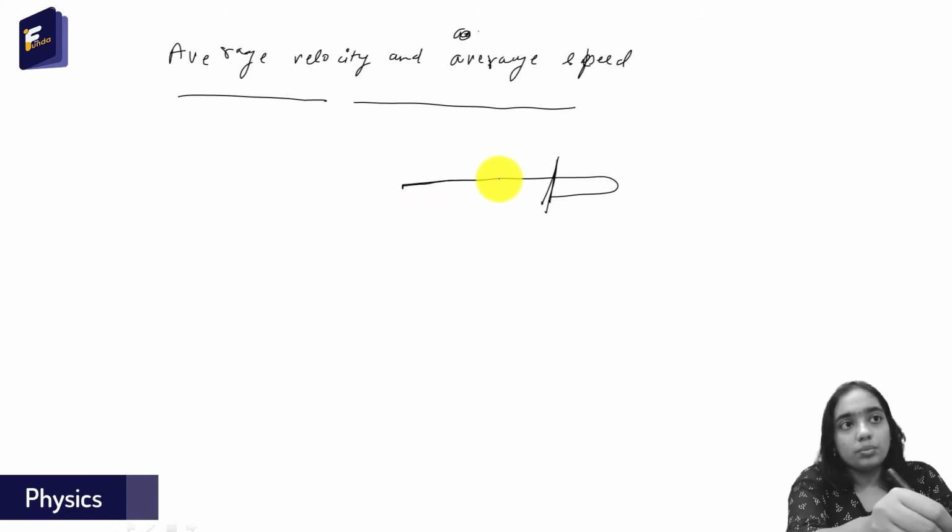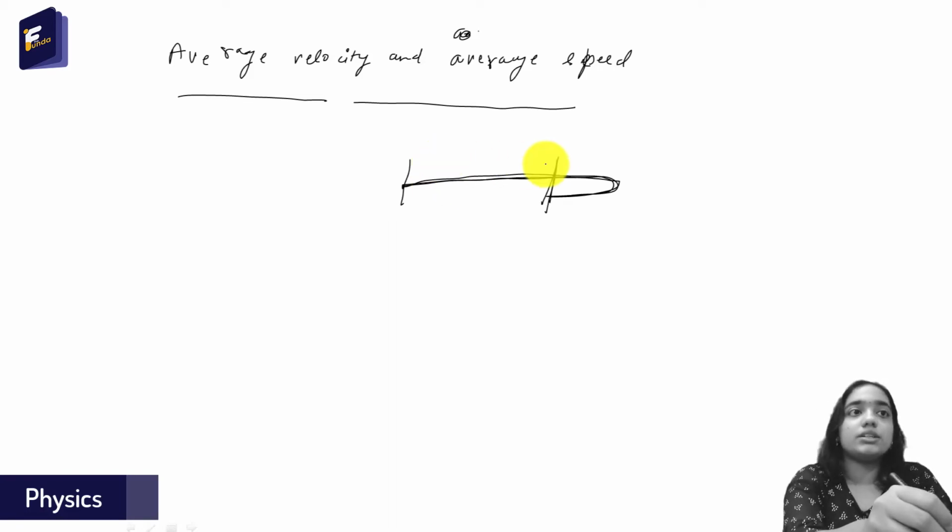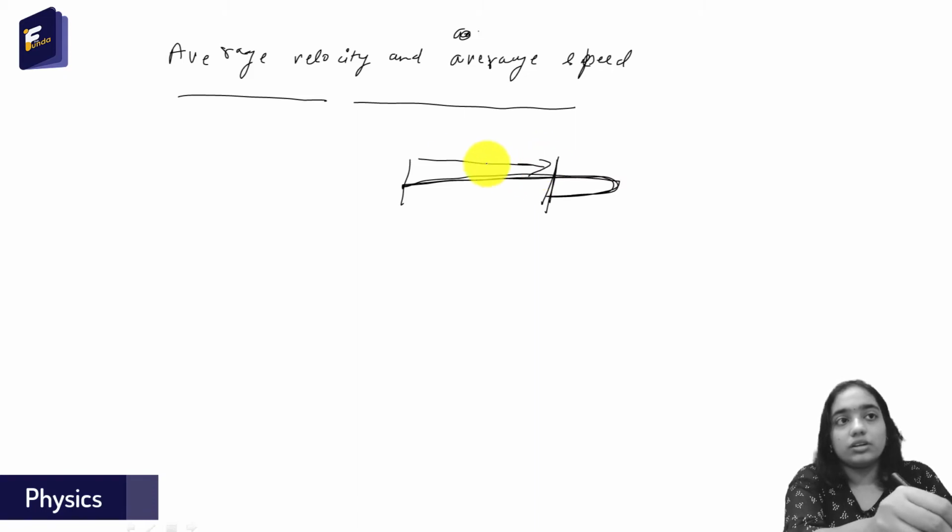Then this whole path length is the distance it covered. But as I defined displacement, it is the final position minus the initial position. This is the displacement of the particle.